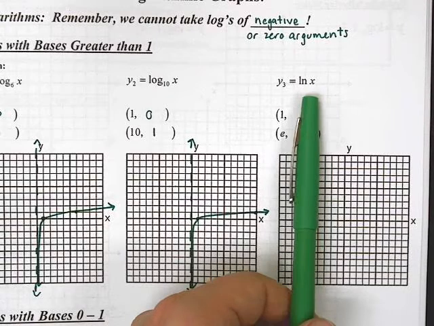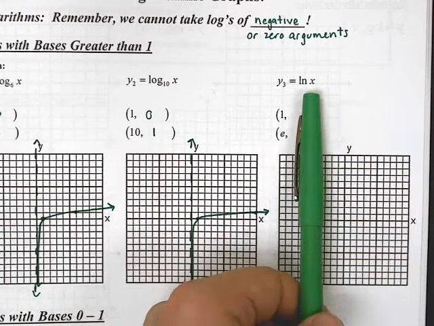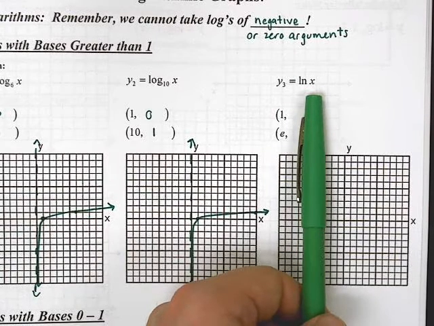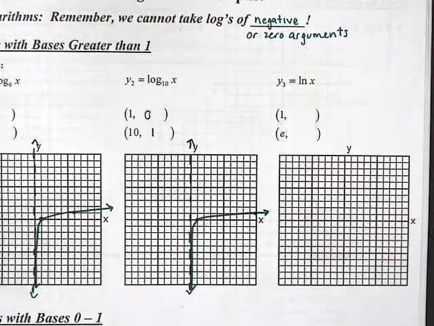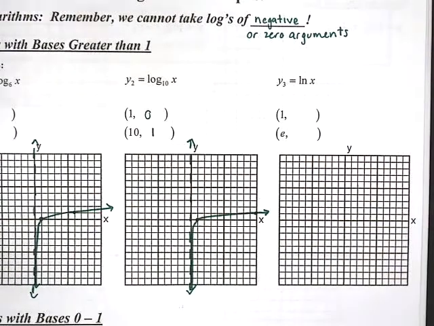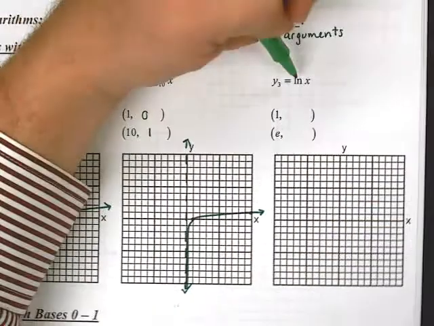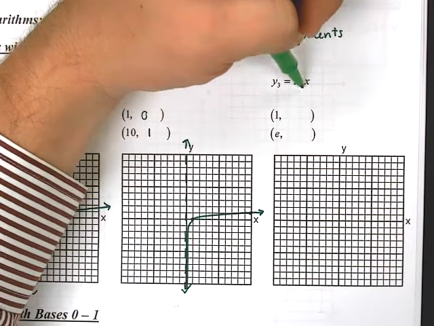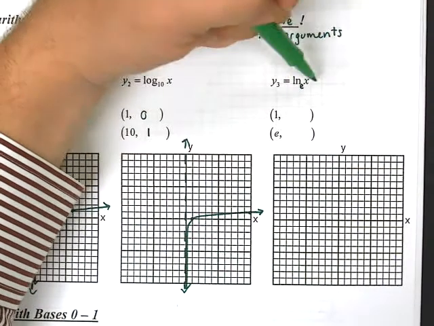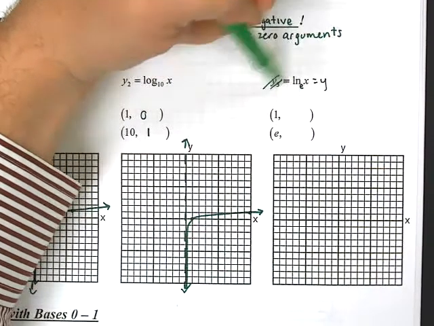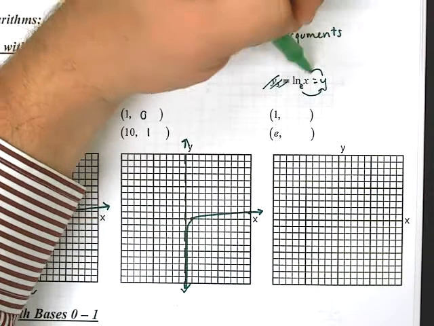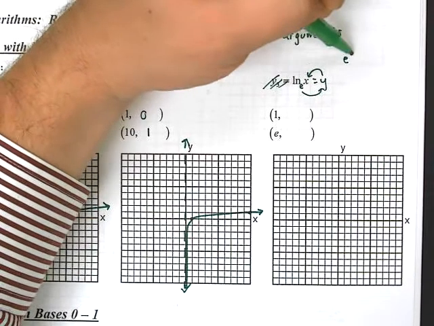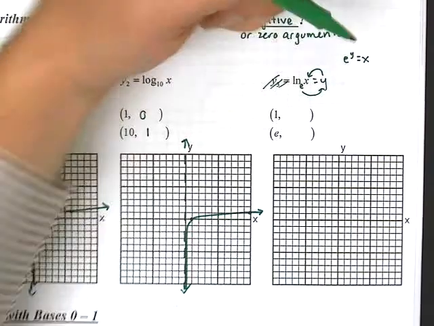And sometimes I have trouble plugging in x values into the argument of a logarithm. So what I'm going to show you is that if we use our log circle, or if we convert this from log to exponent form, it's going to end up being something like this: e to the y is equal to x.